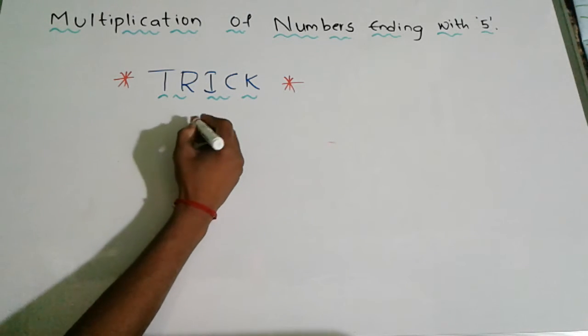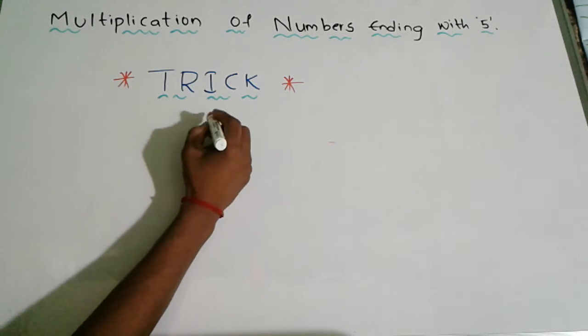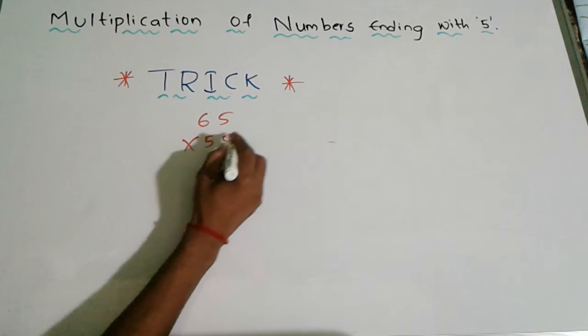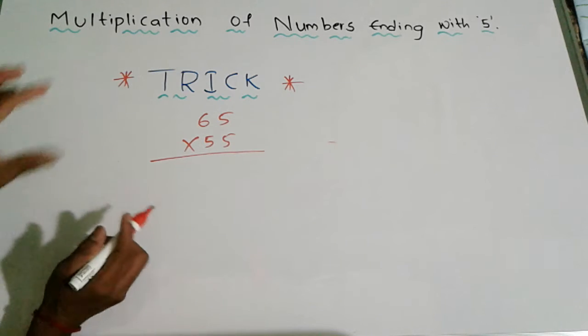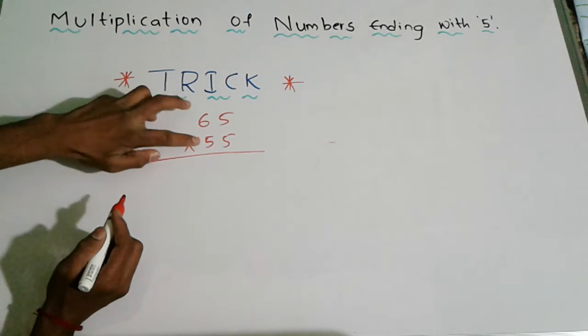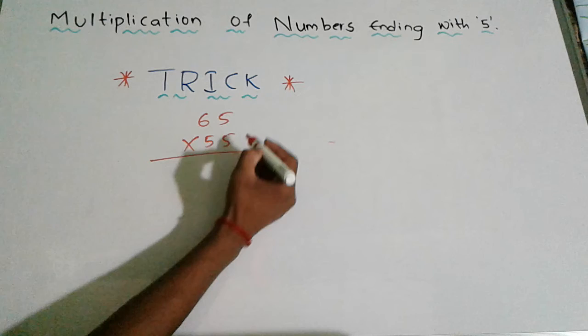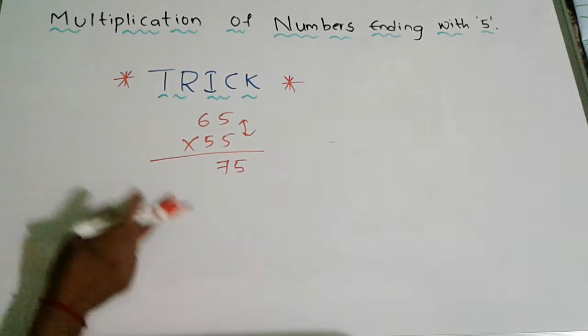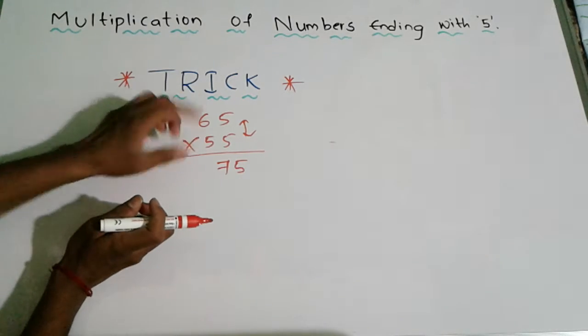Okay, consider 65 multiplied with 55. Here the difference is 1, right? So you have to write 5 5s are 75. You have to directly remember this.